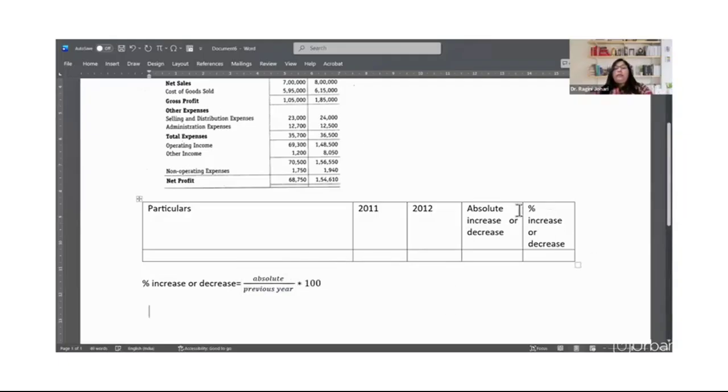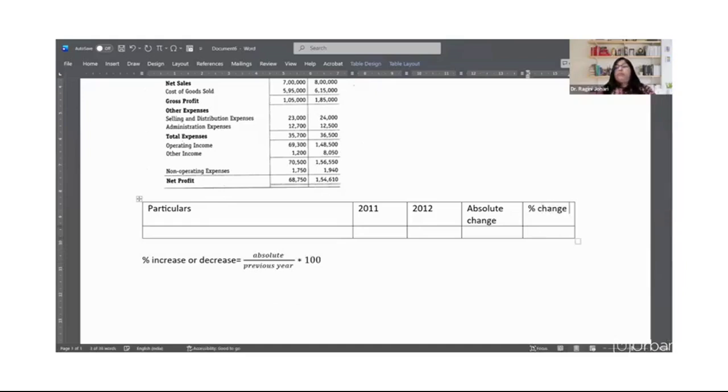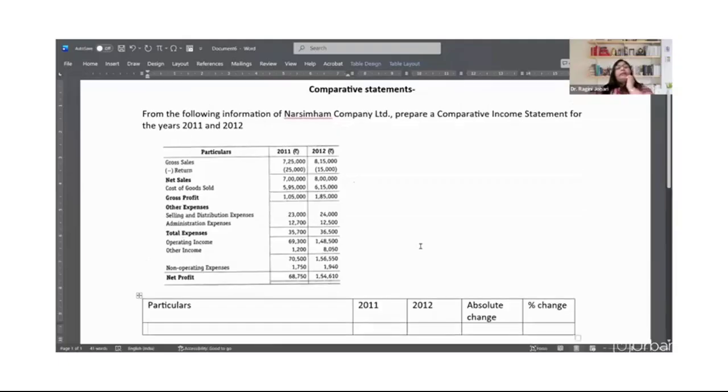This is how we find the percentage increase or decrease. I can simply write absolute change and then percentage change, just to save some space. Now, how do we find the absolute change? The formula for absolute change is current year information minus previous year information.